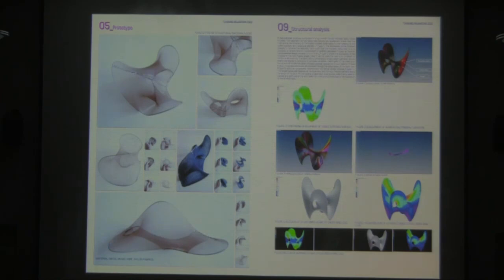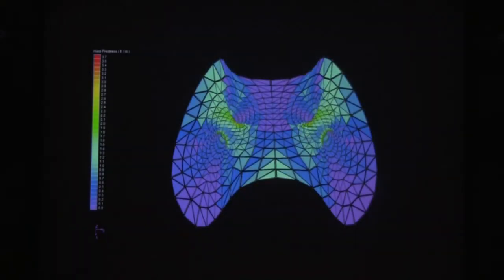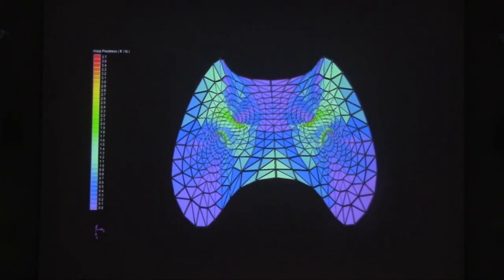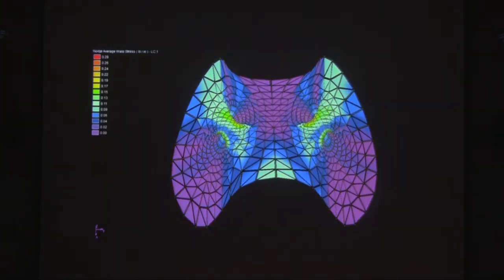This is the structural analysis done by Bureau Happold, again another one of our regular partners. Bureau Happold was very, very firm on telling us that our form finding in Grasshopper was pretty, but it was not accurate at all. They had to do the form finding with their $47,000 a seat license software.